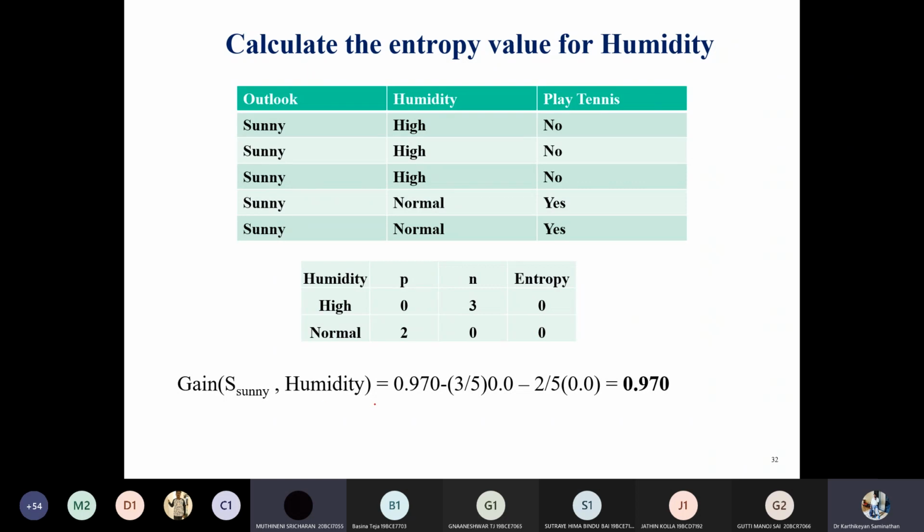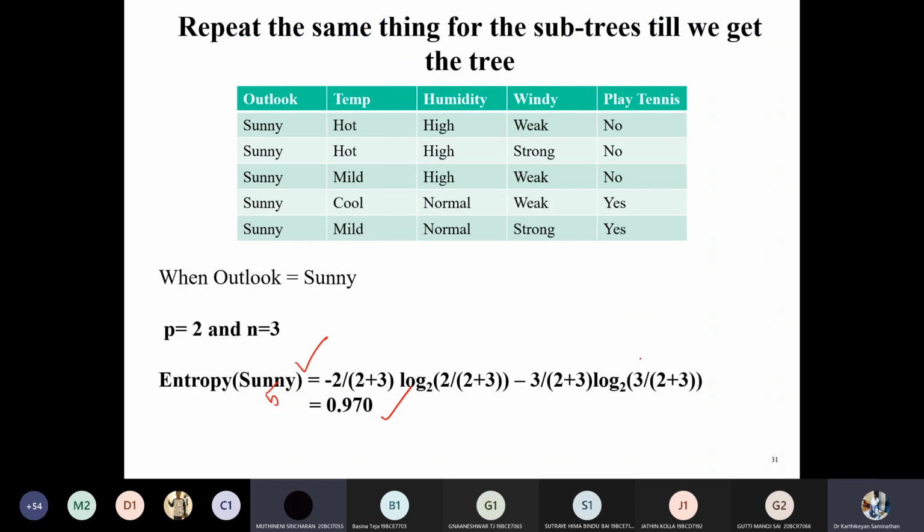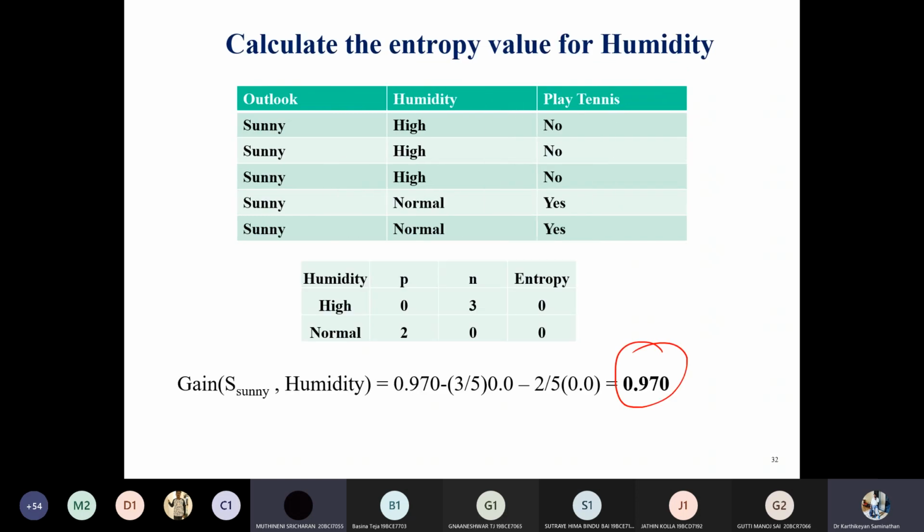So humidity calculation. Then for Sunny, positive cases over negative cases, minus humidity positive and negative. So humidity is completely 0, so only the Sunny 0.970 will come.